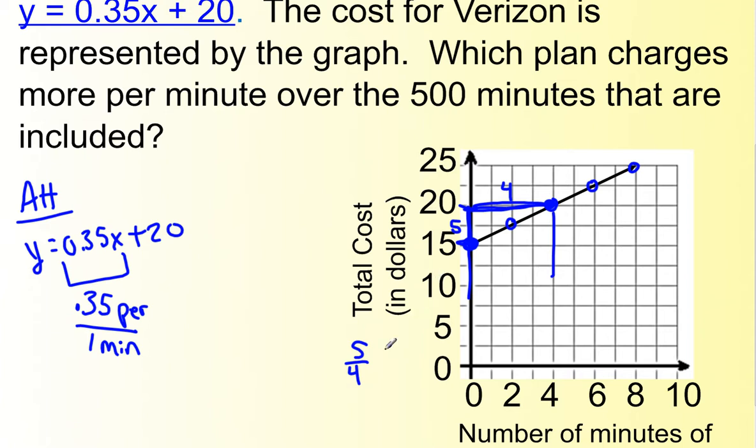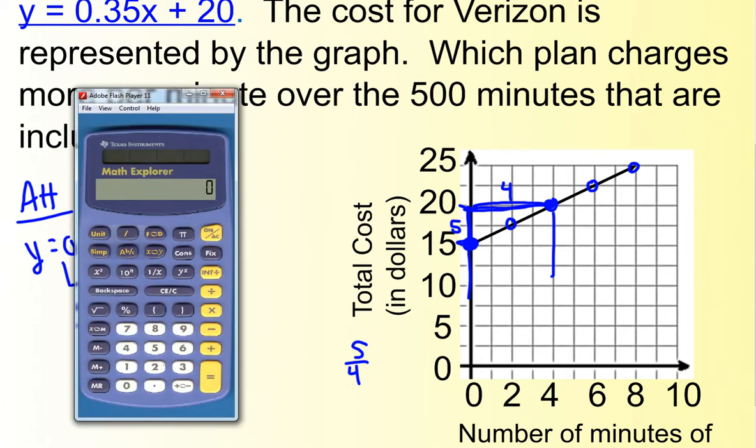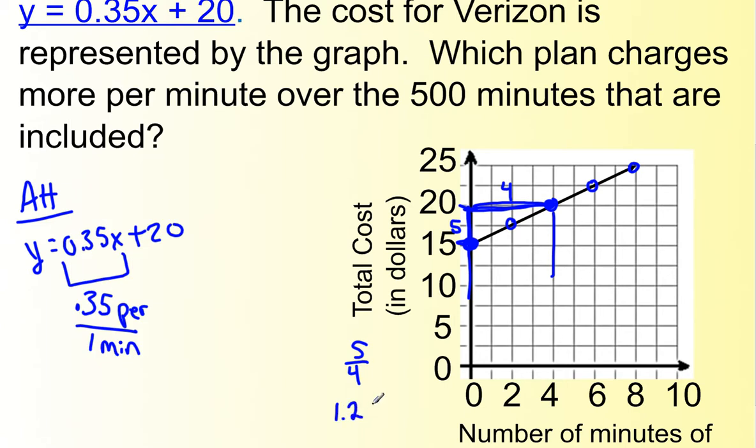Well, what would that be as a decimal so we can compare our cost per minute? Well, let's see. If we take 5 divided by 4, that equals 1.25. That is the slope of this line.